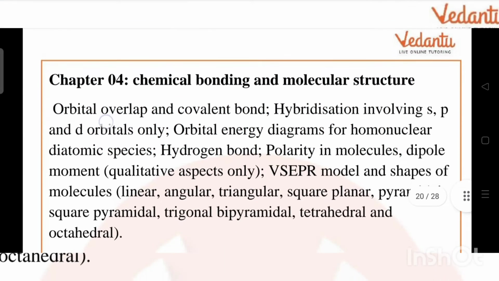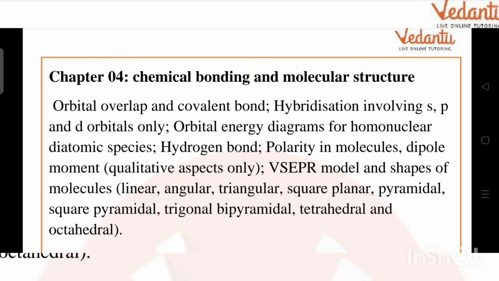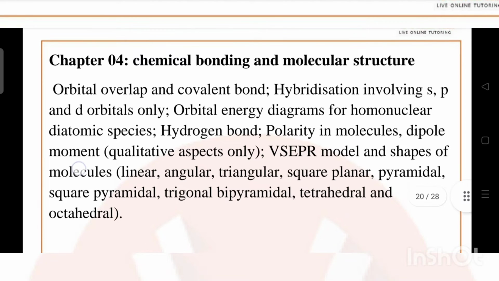Chapter number 4 is chemical bonding and molecular structure. Orbital overlap in covalent bonds, hybridization involving s, p, d orbitals only. Hybridization is a very important topic for the JEE Advanced exam.